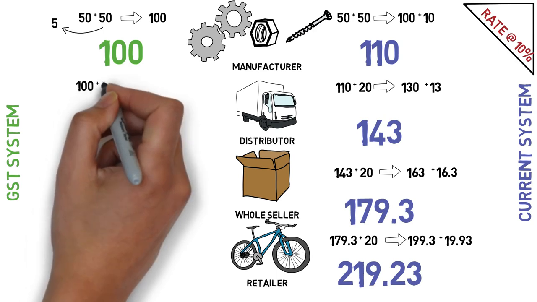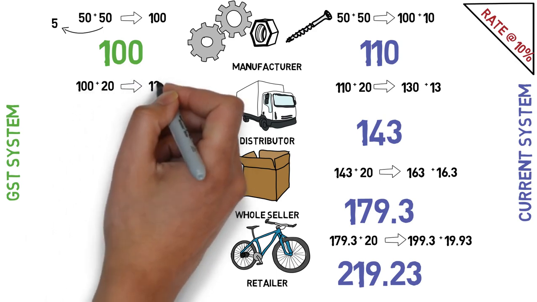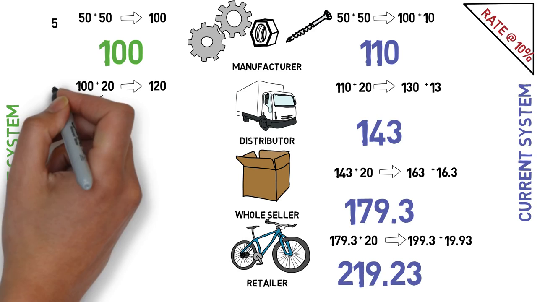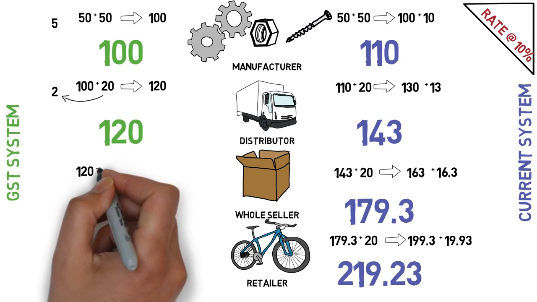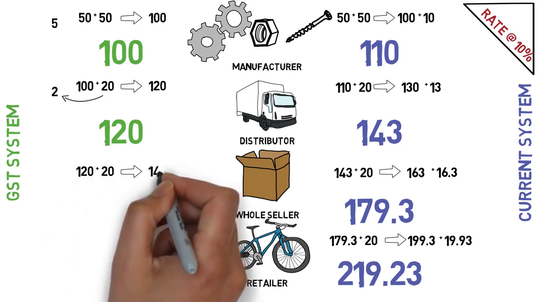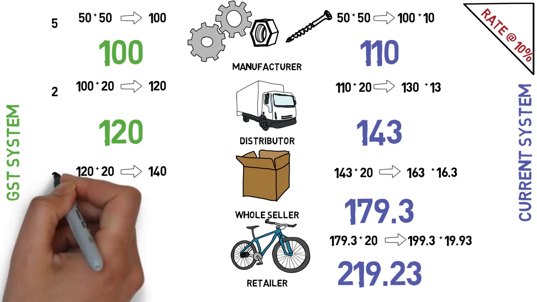Then the distributor adds 20 rupees profit and the product becomes 100 plus 20, which is 120 rupees. He pays a tax of 2 rupees on his profit of 20 rupees. The wholesaler buys the product for 120 rupees and follows the same pattern, adding 20 rupees as his profit, and the price becomes 140, and pays a tax of 2 rupees on his profit of 20 rupees.